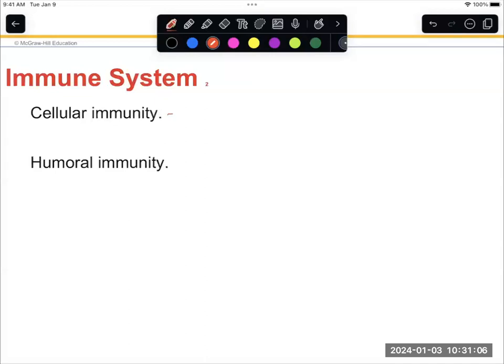So we have cellular immunity and humoral immunity. Cellular involves those lymphocytes. And they're going to directly attack foreign or abnormal cells and destroy them. This is those B cells, those T cells, and those macrophages.